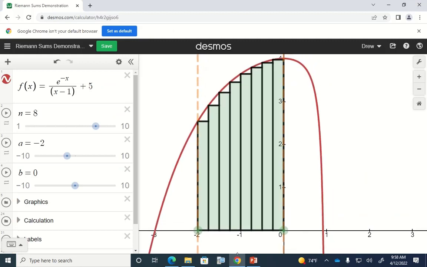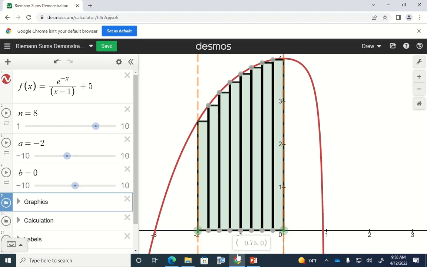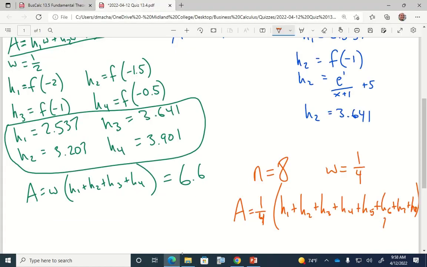And remember the height of the rectangle every time. In order to find the height of a rectangle, like rectangle number 5, no, let's make it rectangle number 6 to make it interesting. The height of rectangle number 6, 1, 2, 3, 4, 5, 6, would require you to go to the left side of rectangle number 6 at x equals -3/4. Plug x equals -3/4 into our function, to get a value of 3.79, and that would be the height of rectangle number 6.